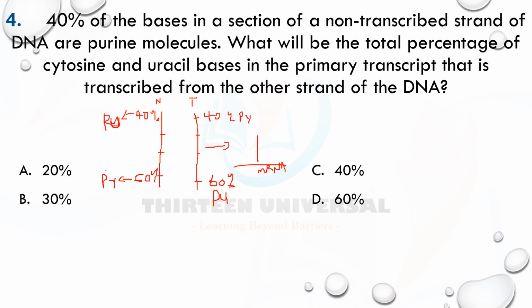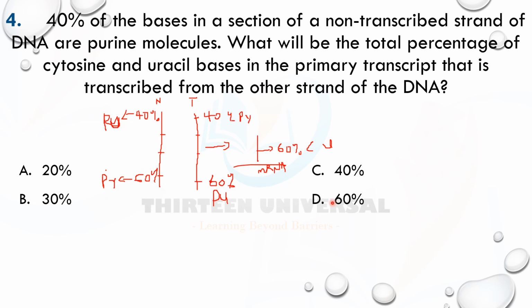So 60% pyrimidine will be here, and the pyrimidines are two of them, cytosine and uracil. So the answer to the question is 60%.